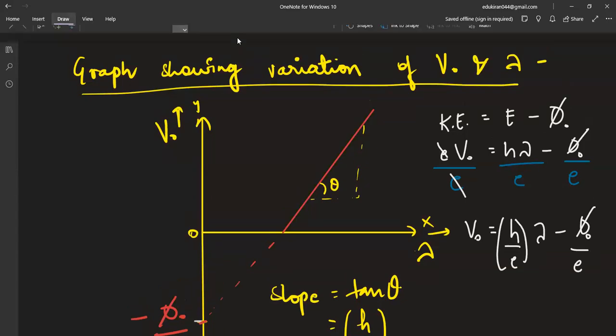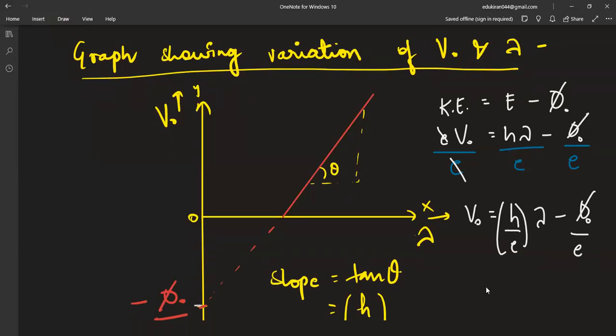This equation resembles the equation of a straight line, y is equal to mx plus c.